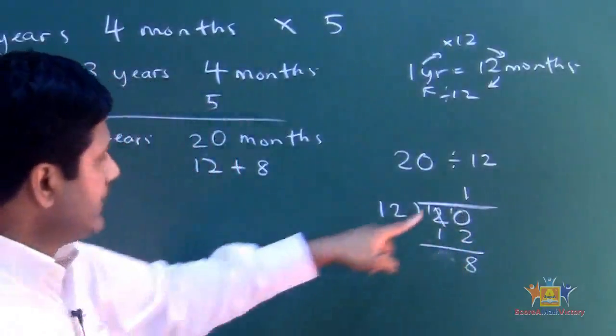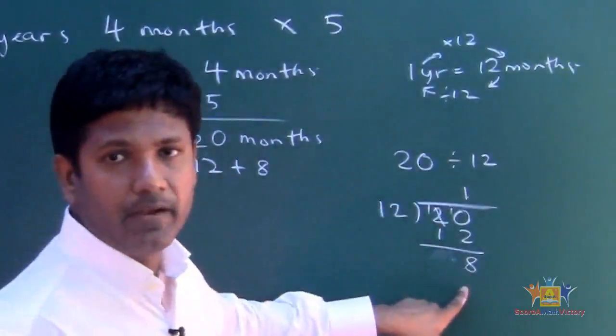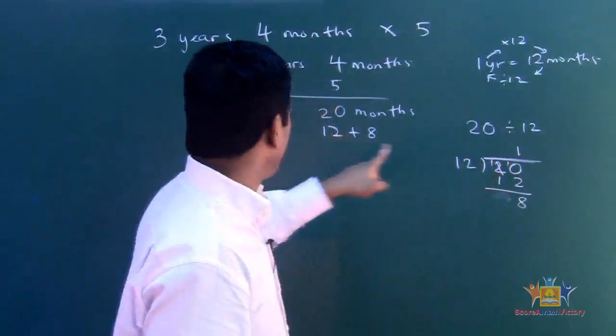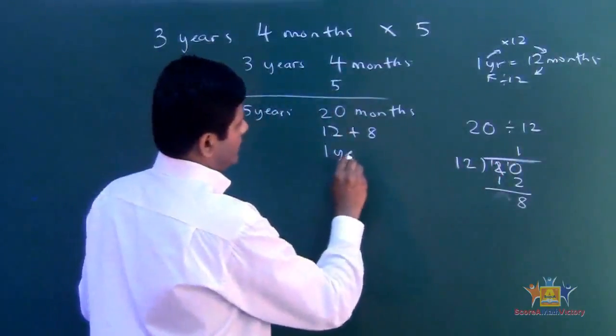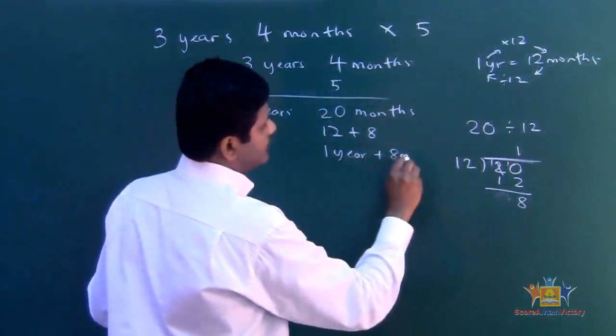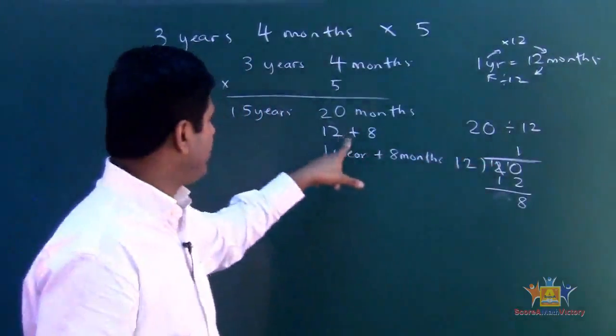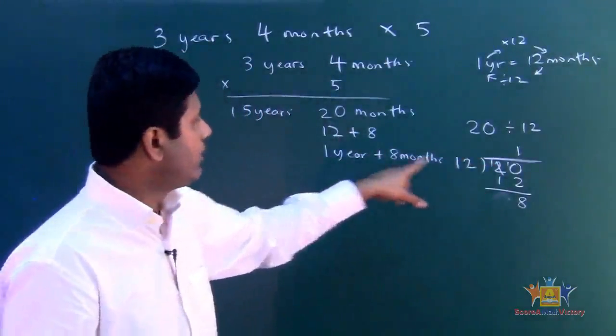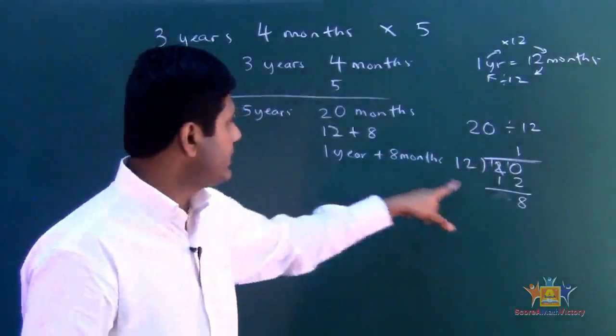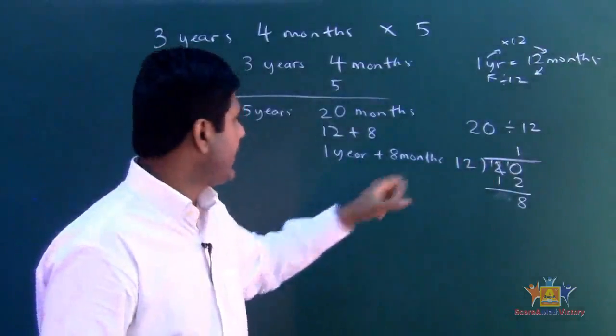Okay, so that means this is my balance, the remainder, and this is my quotient. So that's 1 year, 8 months. Okay, same thing. 1 year, by breaking it up, 12 months becomes 1 year, or by dividing also gives me 1 year. The remainder, the balance is my 8 months.